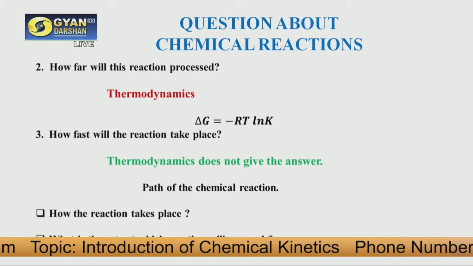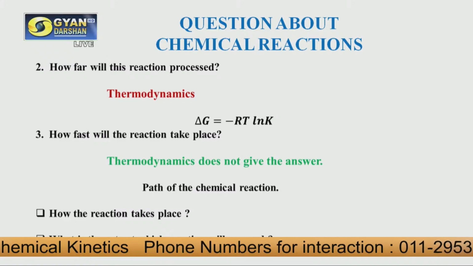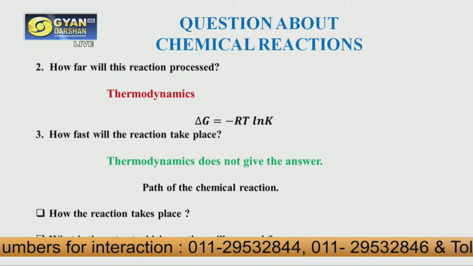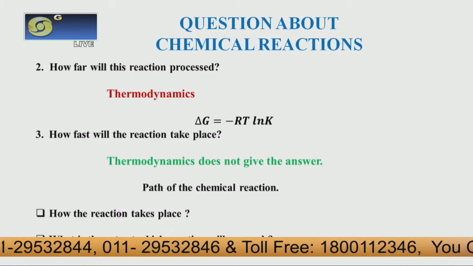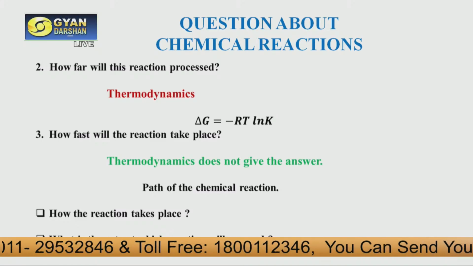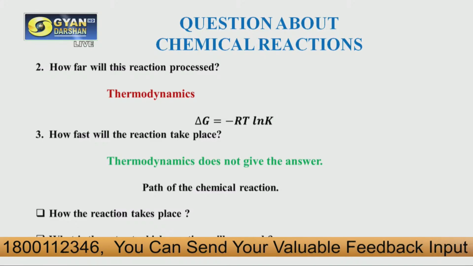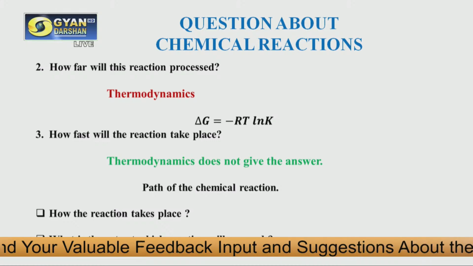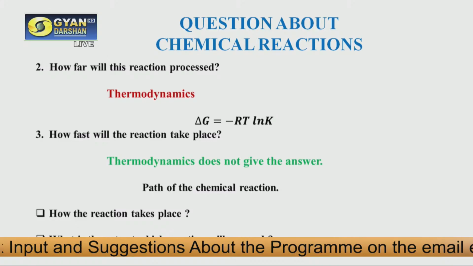In thermodynamics there is an equation, delta G is equal to minus RT ln K, where K is the equilibrium constant, R is the gas constant and T is the temperature. If we put in the equilibrium constant K, then we will get how far this process will proceed. Again, this question is answerable by thermodynamics.